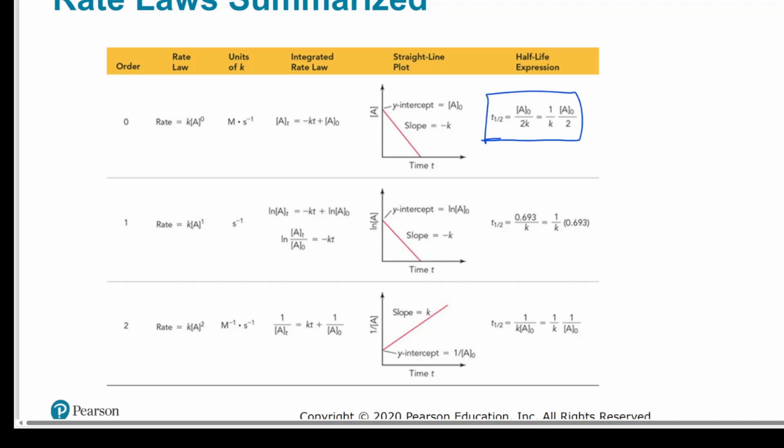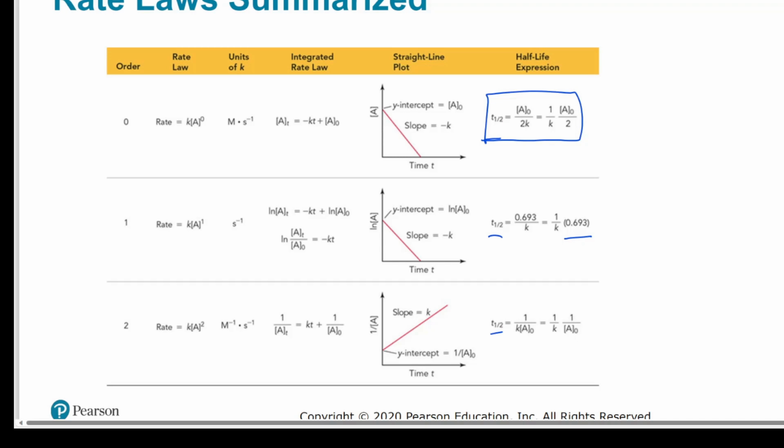For a first-order reaction, we see that the half-life is equal to 0.693 over k. So we could also express that as 1 over k times 0.693. For a second-order rate equation, we see that the half-life is equal to 1 over k times 1 over A0.